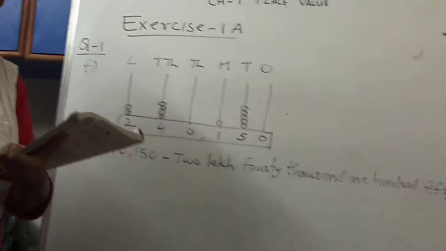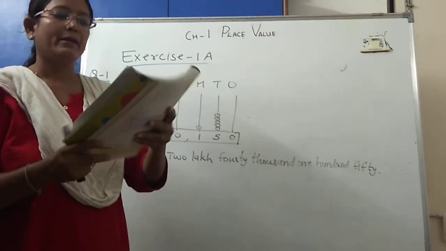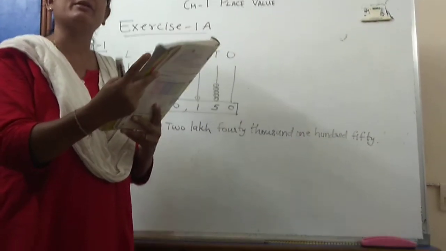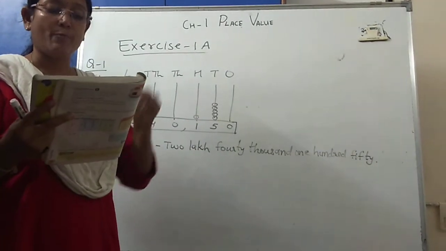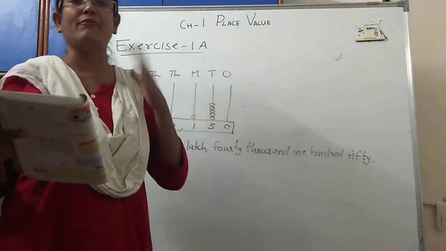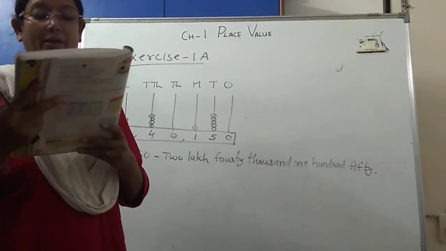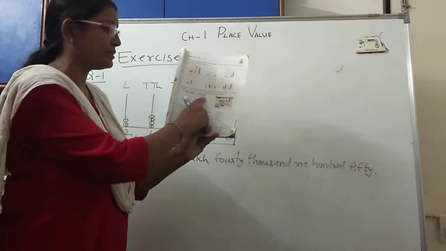The others you have to do on your own. Now question number 2: the chart shows the number of hours you have lived after reaching a certain age. Means from your birth till now, whatever number of hours you have lived is given in the chart. Read the number aloud and write in words in your notebook. So first you will read these numbers loudly.